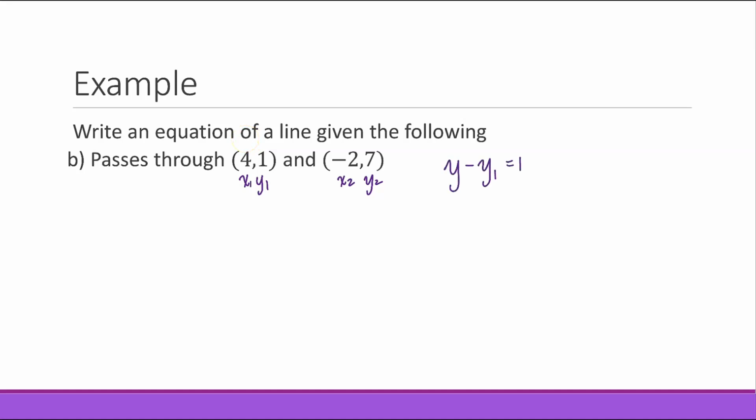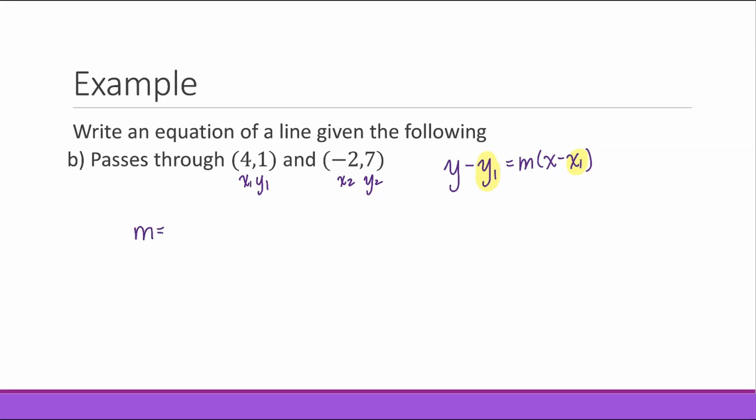Y minus y1 equals m times the quantity x minus x1. So this time we have an (x1, y1). We have a coordinate point. In fact, we have 2. But we're missing the slope m. At least we're not explicitly given the slope m. But because we're given 2 points, we can find the slope m.